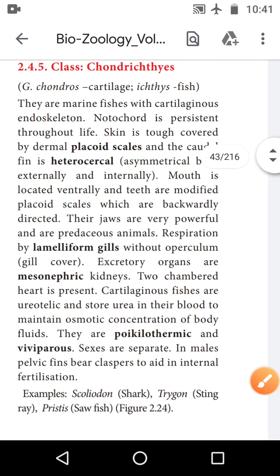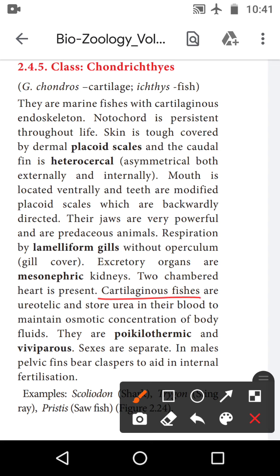Then cartilaginous fish are ureotelic. What is meant by ureotelic? Already you know ammonotelic, uricotelic and ureotelic. So these fish are ureotelic. Ureotelic means they excrete nitrogenous waste substance in the form of urea.